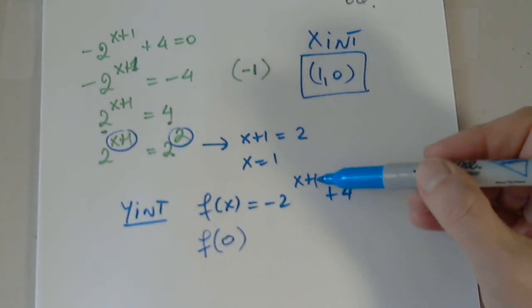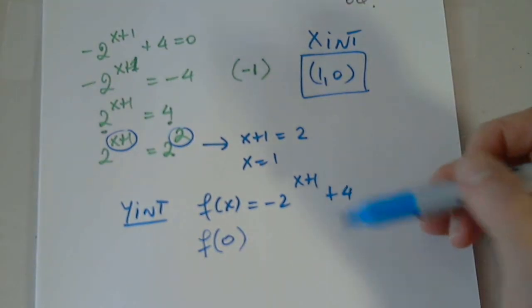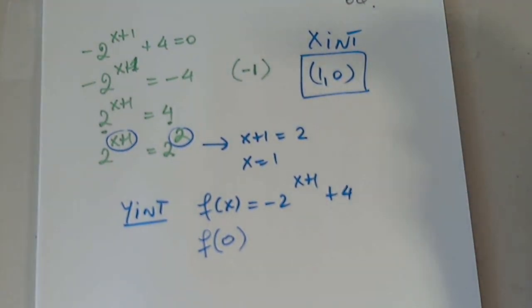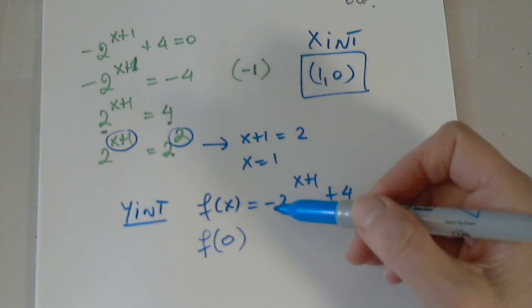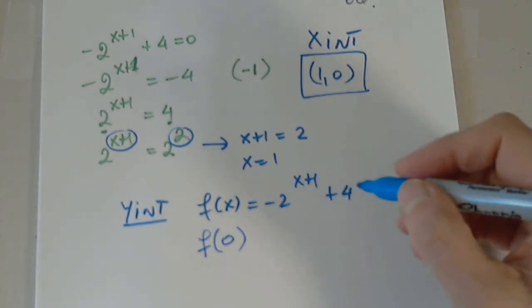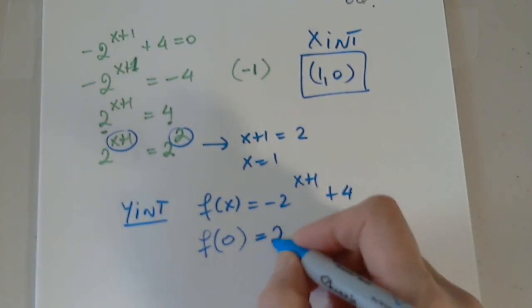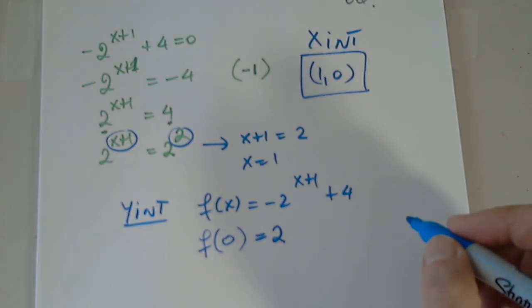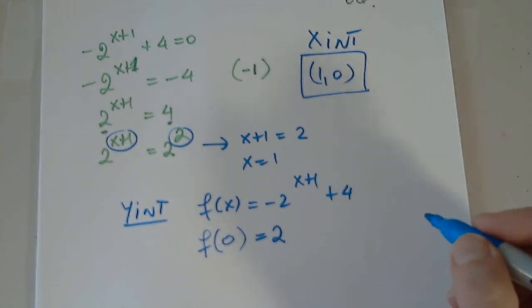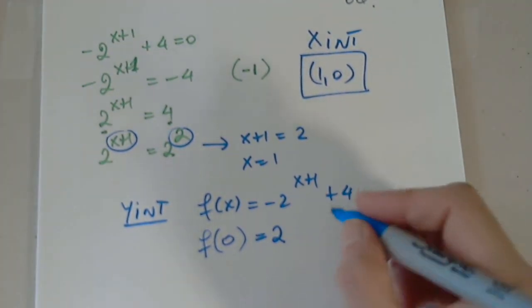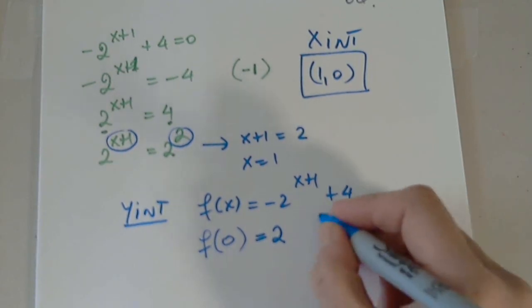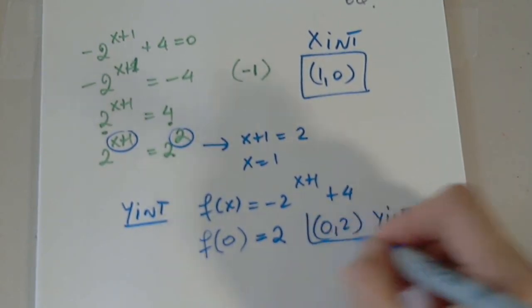How much is 0 plus 1? 1. How much is 2 to the first power? 2. 2 times negative 1. Negative 2. Negative 2 plus 4. 6. Or sorry, 2. But that's okay. I thought for a second myself. So (0, 2) is the y-intercept.